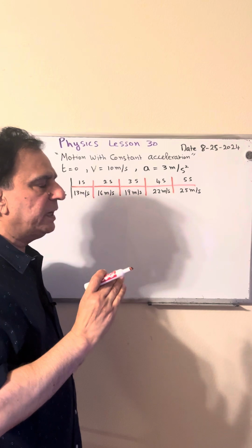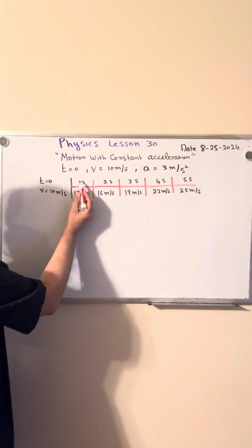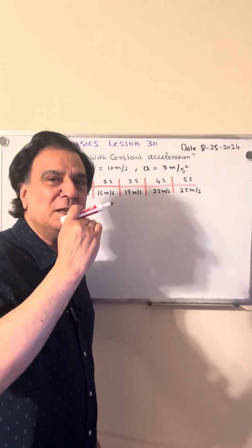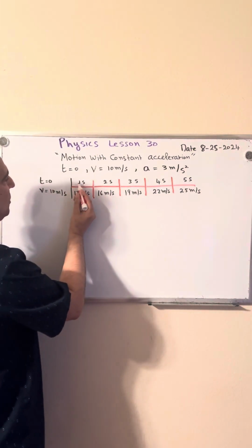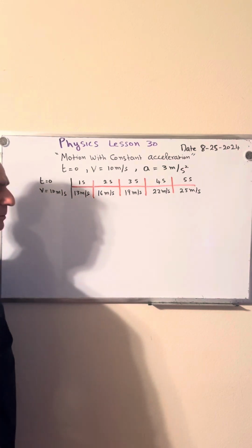That's the snapshot, when we started looking at the moving vehicle. After 1 second, since acceleration is 3 meters per second square every second, my speed would be 13 meters per second.